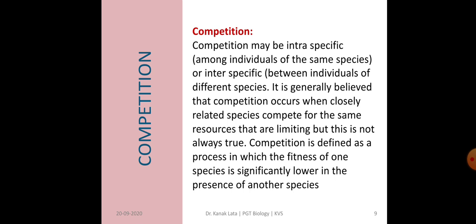It is generally believed that competition occurs when closely related species compete for the same resources that are limiting, but this is not true. Thus, competition is defined as a process in which the fitness of one species is significantly lower in the presence of another species.